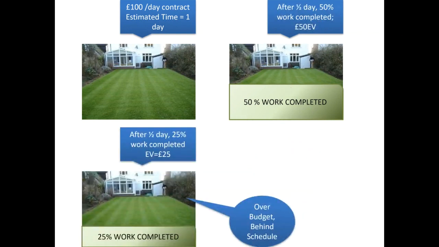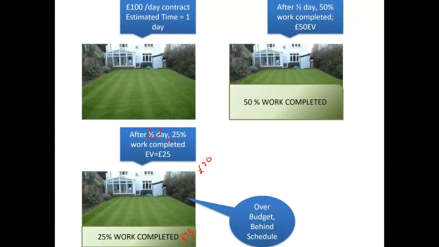If we take another example, you check the progress of a contractor and you see that after half a day, only 25% of the work has been completed. So in this case, the earned value of the contractor is £25, and it is likely that if the same progress is made, your project duration would double.